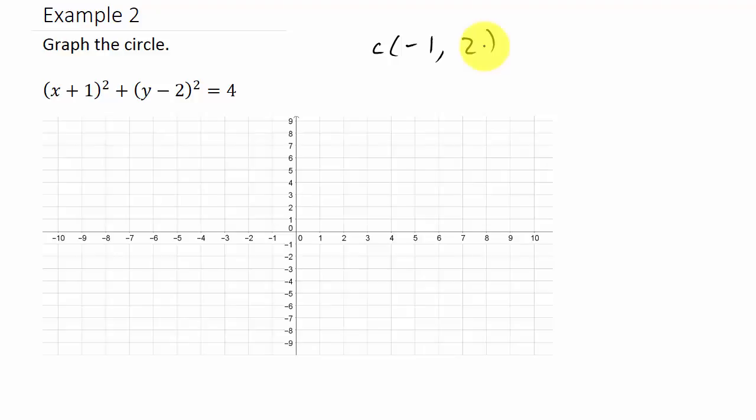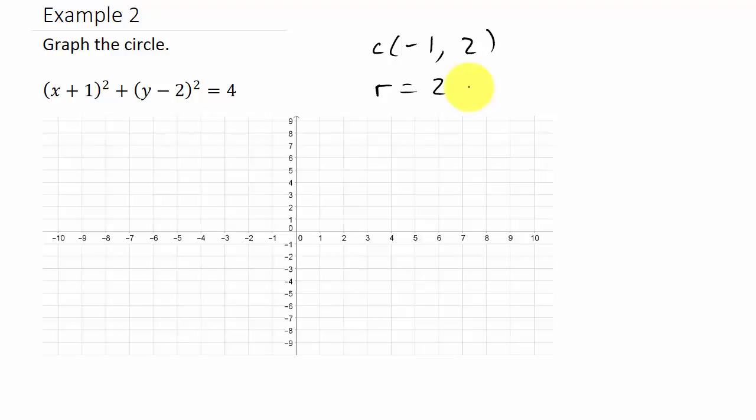I'll talk about that more in another video where we find the center and radius, so you can check that video out. And then the radius, remember this is r squared, so the square root of 4 would be 2. So r is 2.